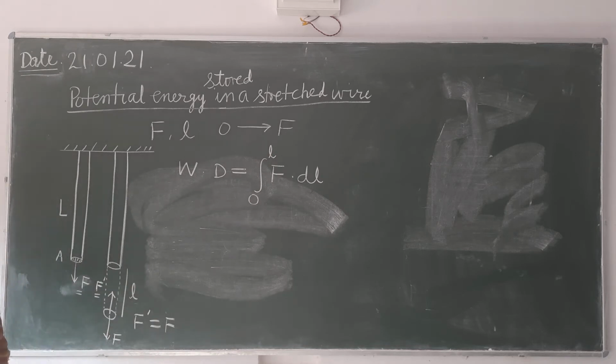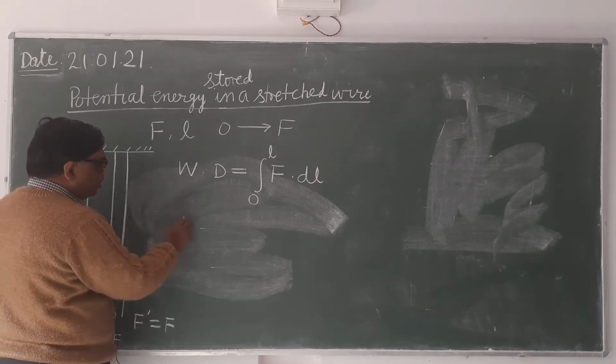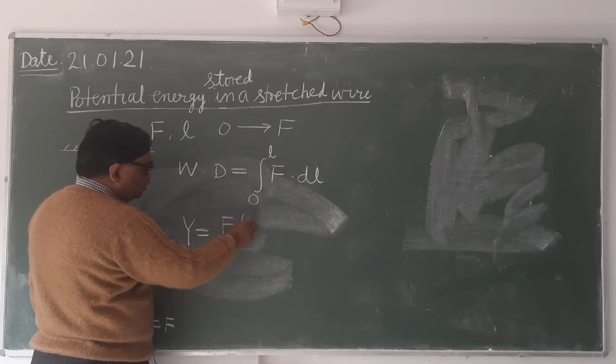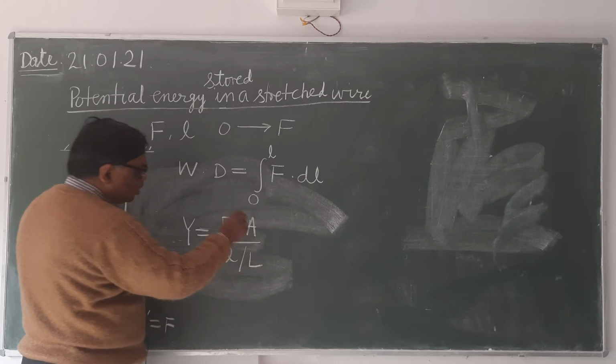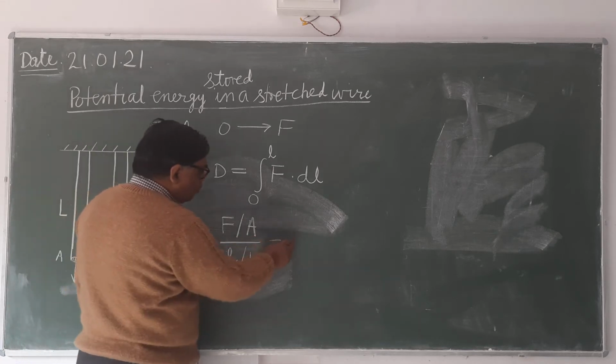Now see here, if we assume that the Young's modulus of the material of wire is Y, then Y equals what? Y will be equal to F upon A divided by small l upon capital L. It's clear? Stress upon strain. Now when you simplify, what will you get?